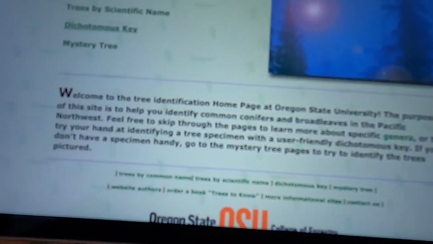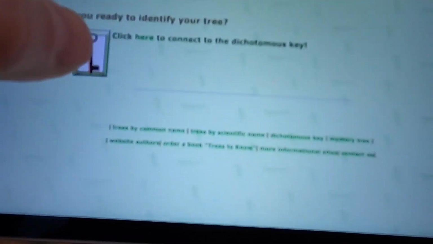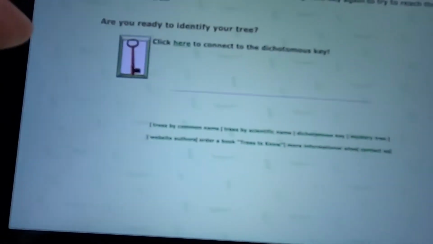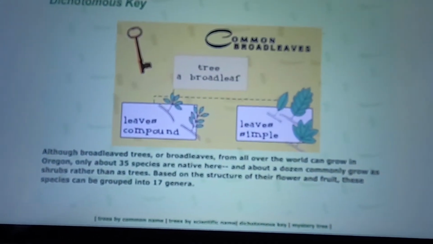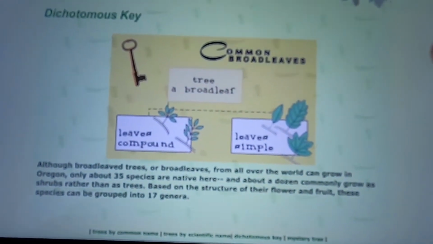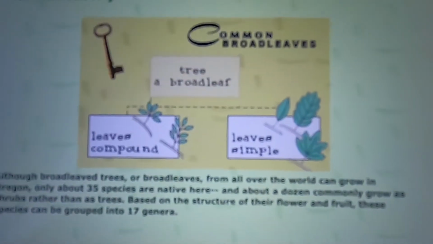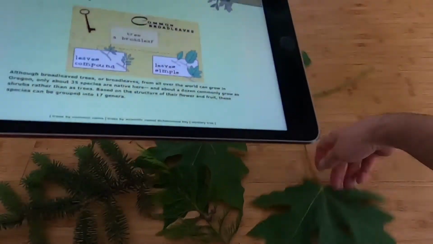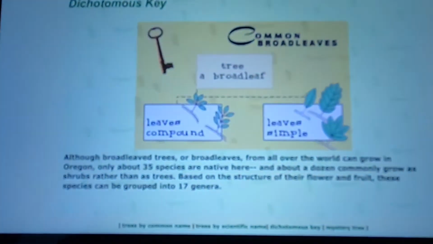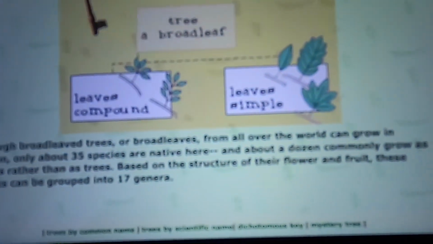But a more challenging one to do are the broadleaf trees. And this is where terminology really starts to come in, and you have to understand some of the shapes you're looking at. So the first thing it asks after you decide that it is a broadleaf tree is you need to decide, are the leaves compound or simple?